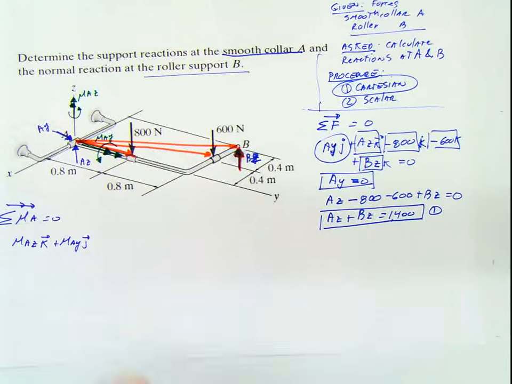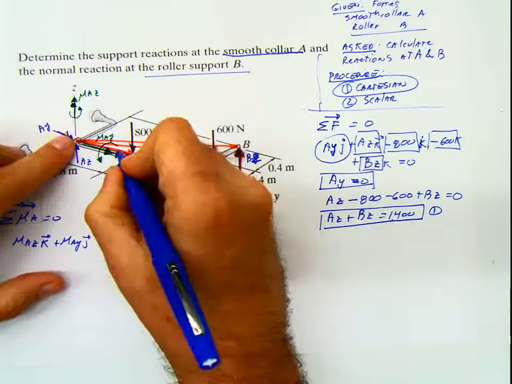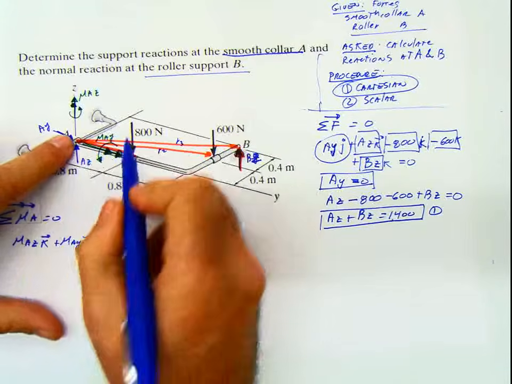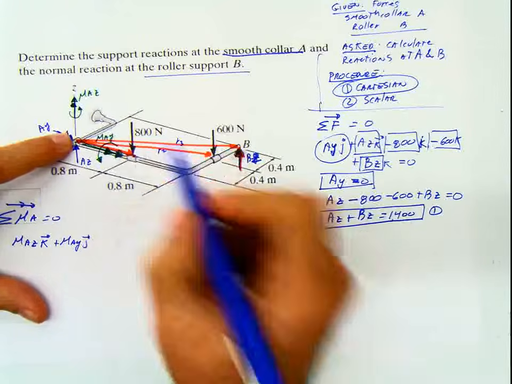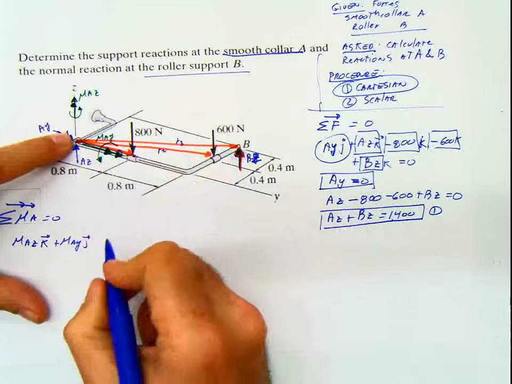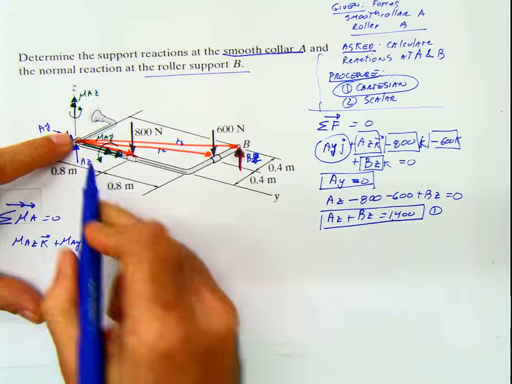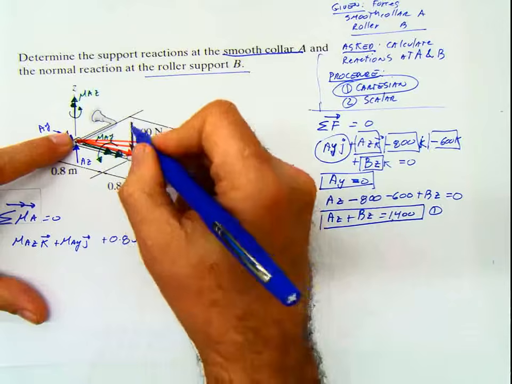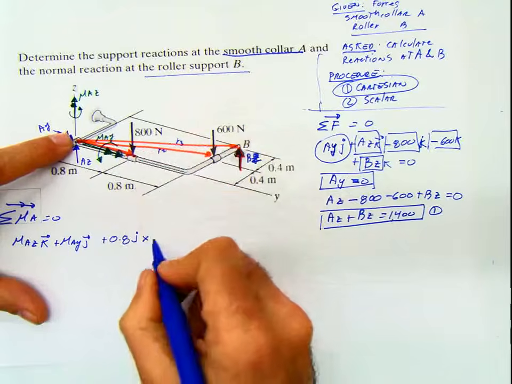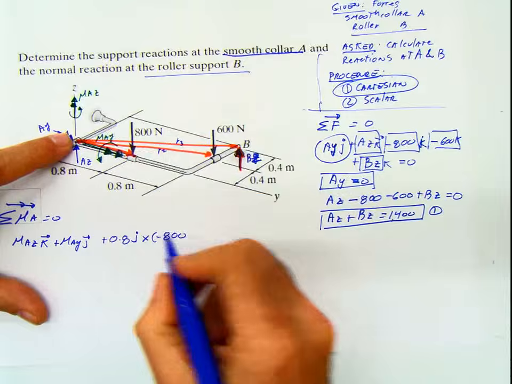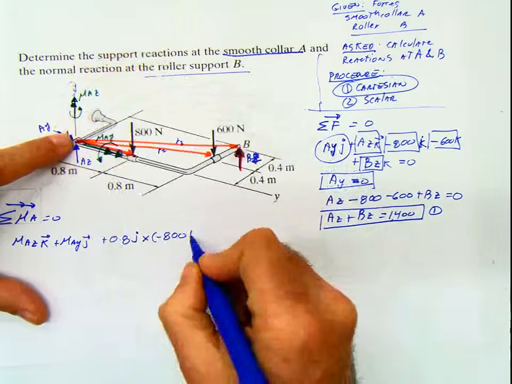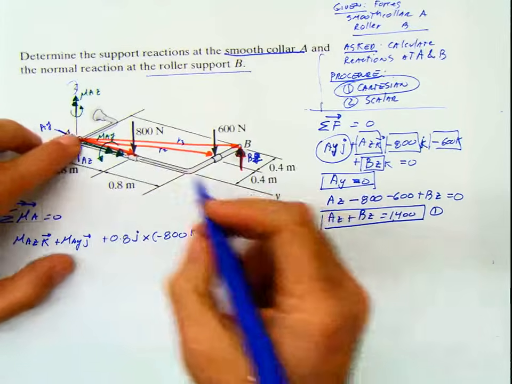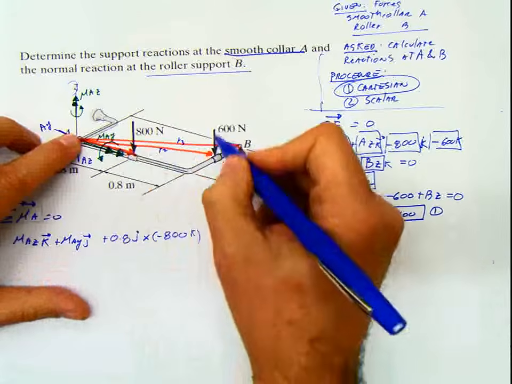So basically I'm going to call this R1, R2, and R3. R1 multiplied by this force. What is this R1? This R1 is 0.8 j, cross multiplied by this force, but this force is negative 800 in the direction of k. That's that value. Now the second, R2 cross this force.